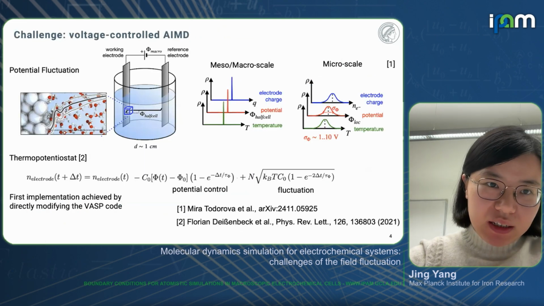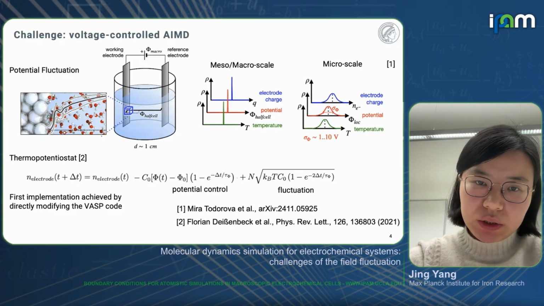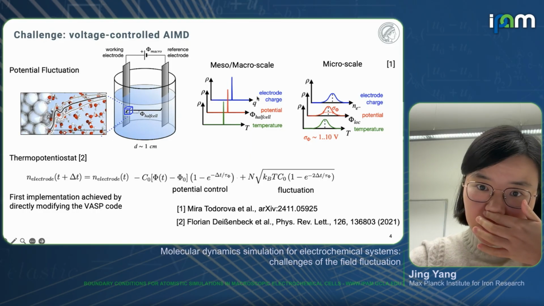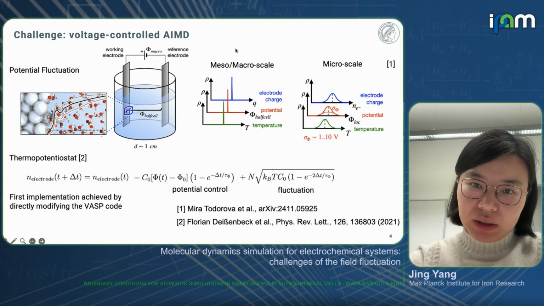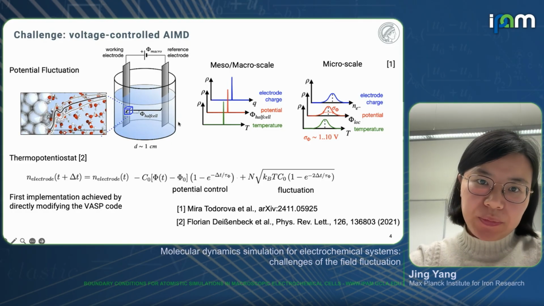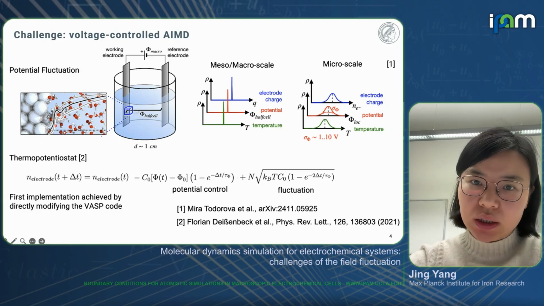There are still challenges when we want to do this kind of voltage-controlled AIMD, as has also been mentioned by Jörg in his talk. The main reason is that, as we all know, experiments are done at constant electrical potential or constant electrical charge.